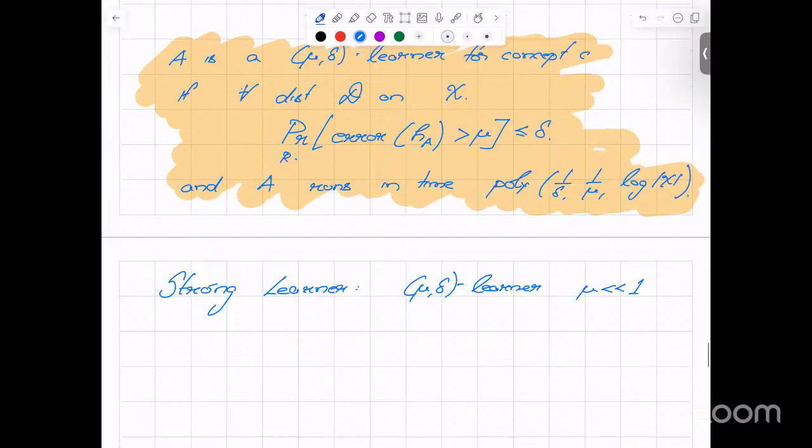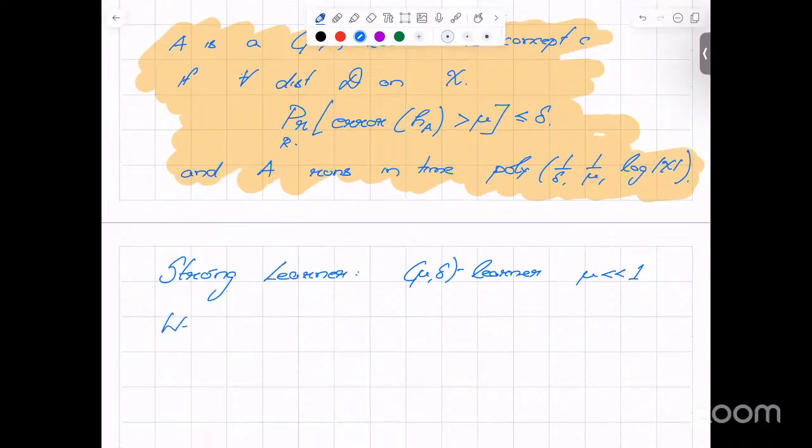And a weak learner is half minus gamma, delta learner, for some gamma in (0, 0.5). The weak learner just gets it better than random guess.